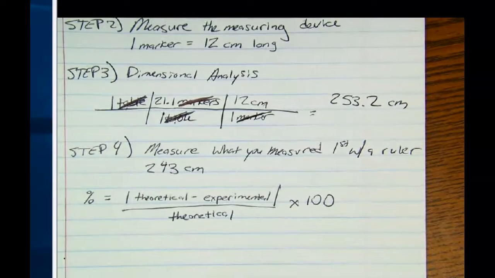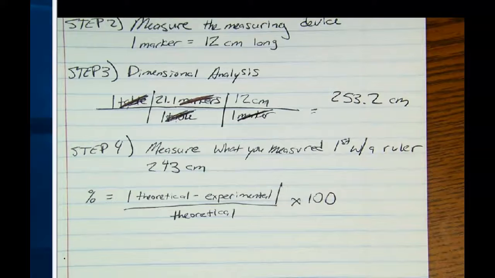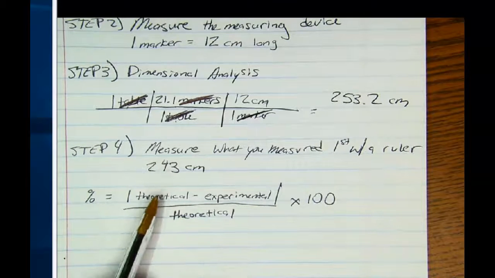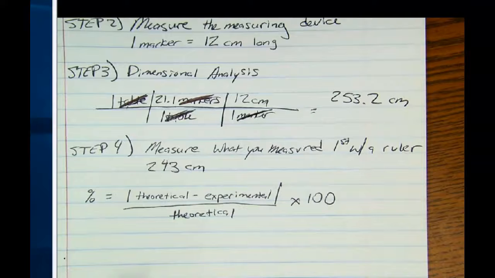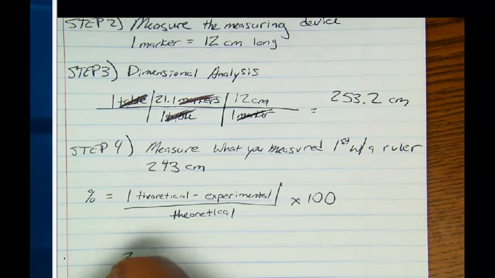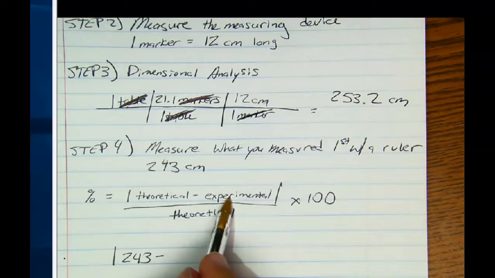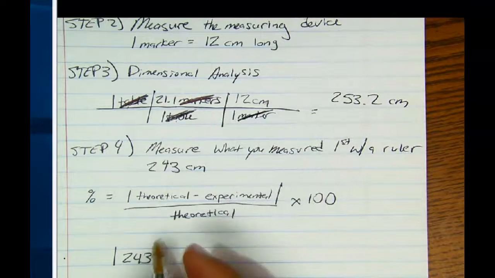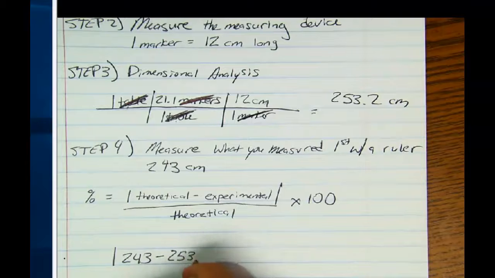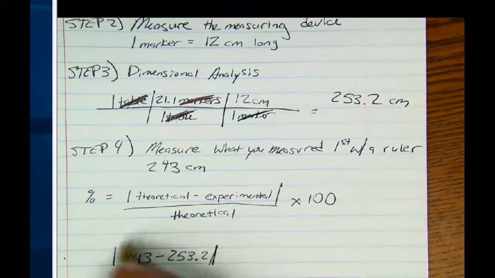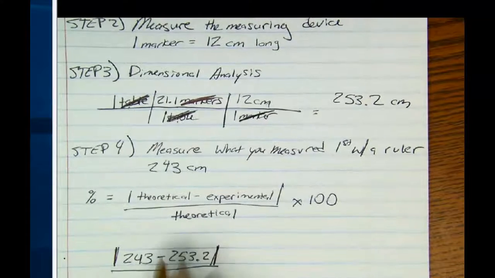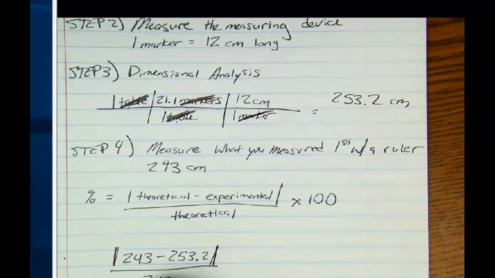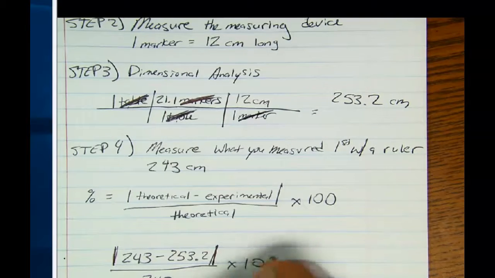So there's our equation. Okay. So my theoretical was 243 minus experimental. My experimental value was 253. That was my guess. Close my absolute value over 243 times 100.